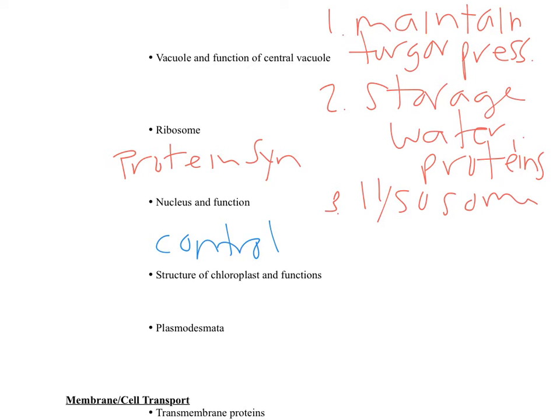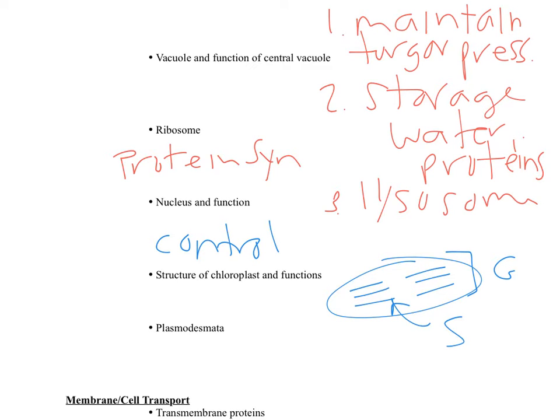The structure of the chloroplast, you have your thylakoids, and the stack of those is the grana, and the inside fluid is the stroma. The function of a chloroplast is to do photosynthesis and extract the light from the sun. You would also want to know where the formation of ATP is occurring.